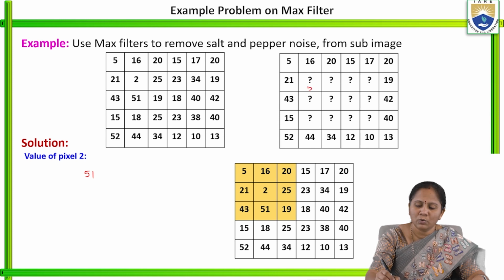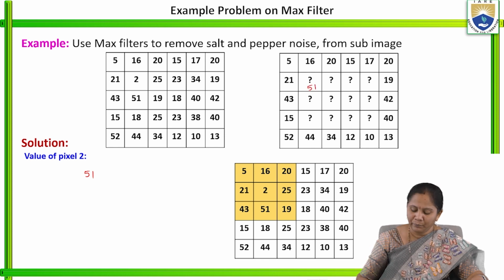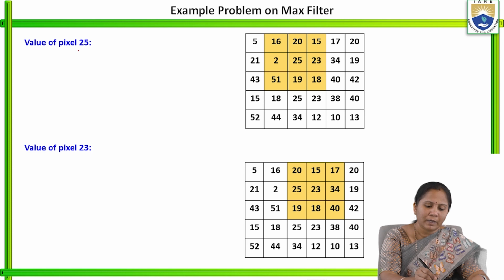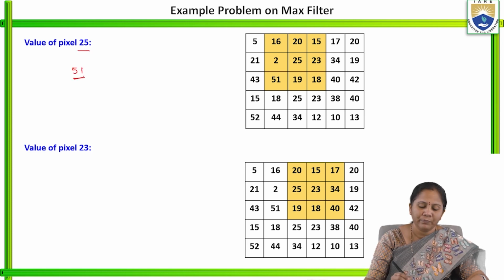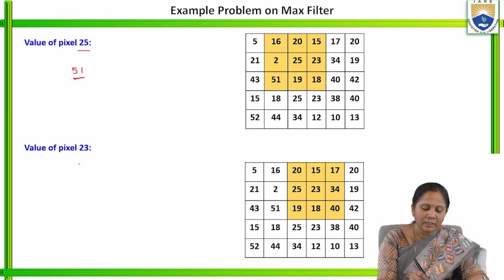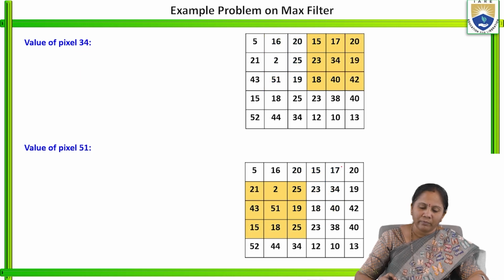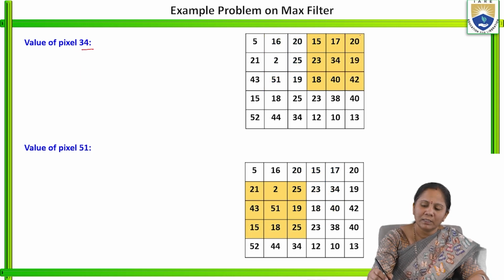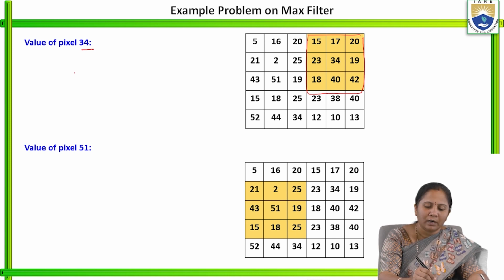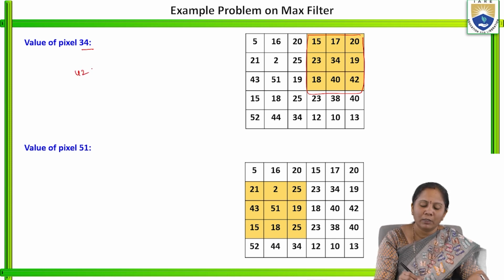So here 2 will be replaced with 51. So for the pixel value 25, the maximum value will also be 51. And for the pixel value 23, 40 will be the maximum value. And for 34, considering this neighborhood, 42 will become the maximum value.